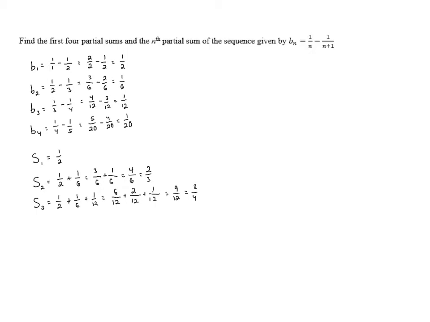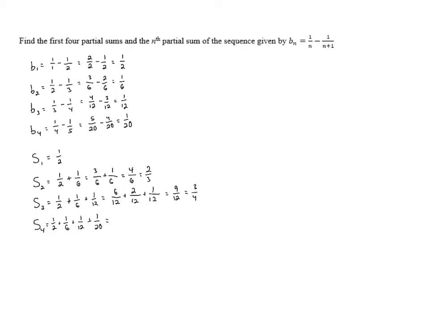I think you're seeing a pattern here, but sometimes patterns can be deceiving, especially if there's only 3 terms so far. So it's good to actually do out the fourth one. So we've got 1 half plus 1/6 plus 1/12 plus 1/20.